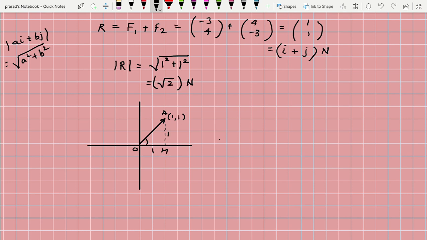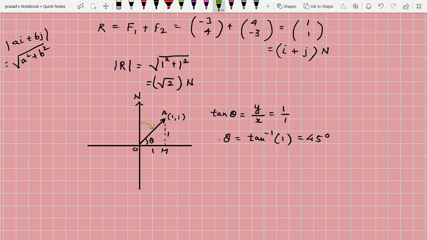So I will find out the angle theta first. So tan theta is equal to y upon x, which is in this case 1 upon 1, that is 1. So theta is tan inverse of 1, which is 45 degrees. But I want the bearing, and as we have already seen, the bearing is the angle made by the vector with the north direction in the clockwise sense.